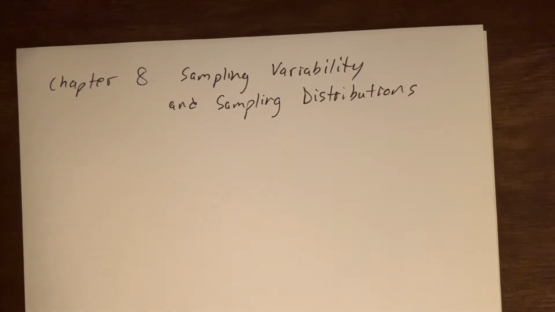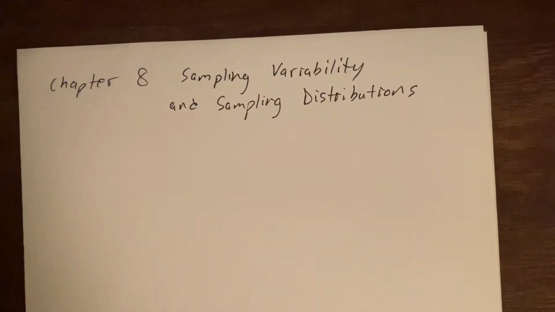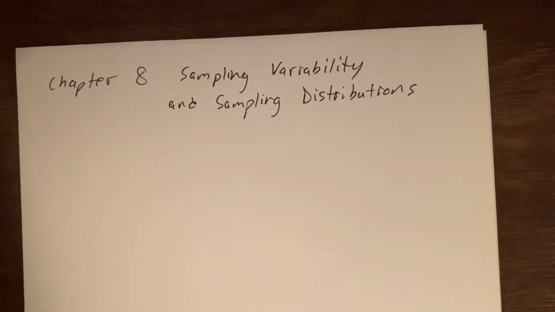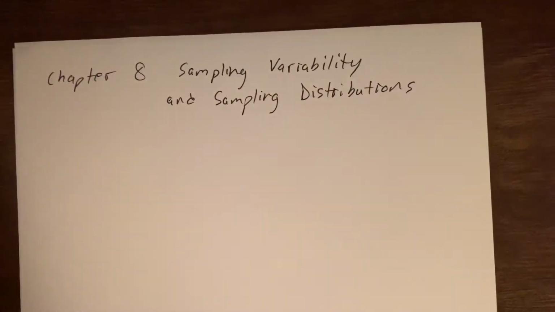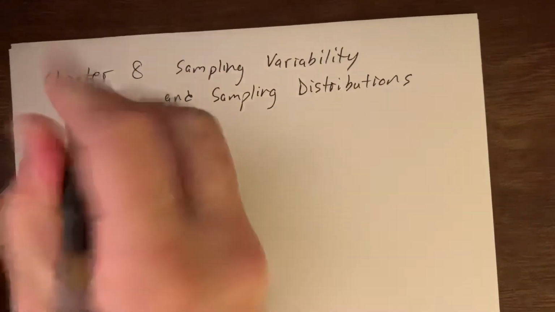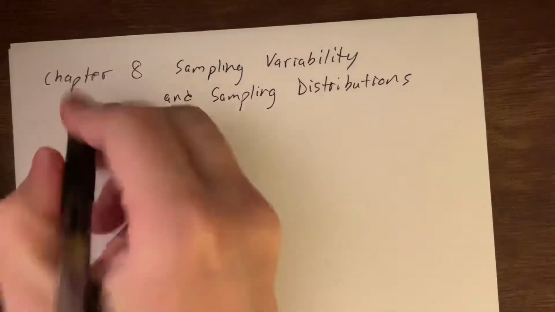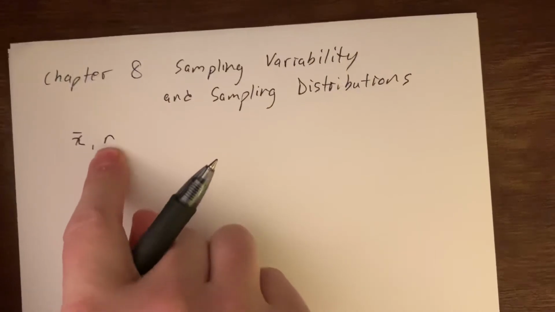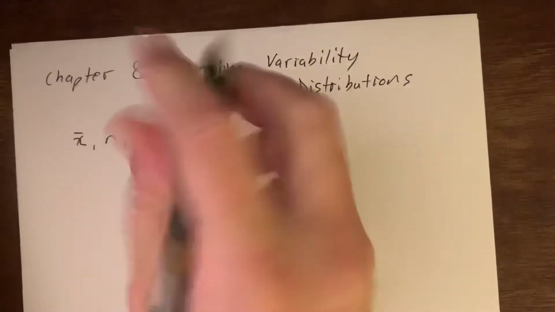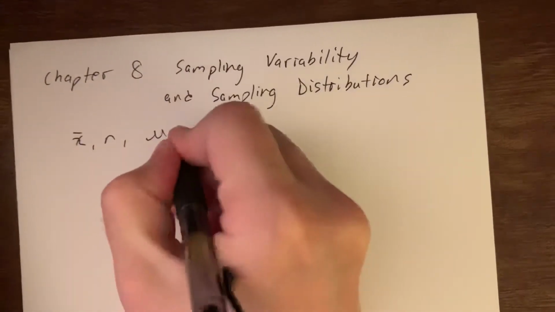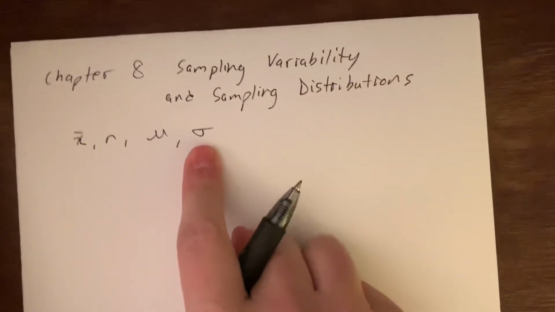At the bottom of page 435, we start getting this little chart, and they talk about the general properties. They remind us of some notation we should already know. X bar is the sample mean. We refer to n as the sample size. Mu would then be the population mean, and sigma would then be the population standard deviation.